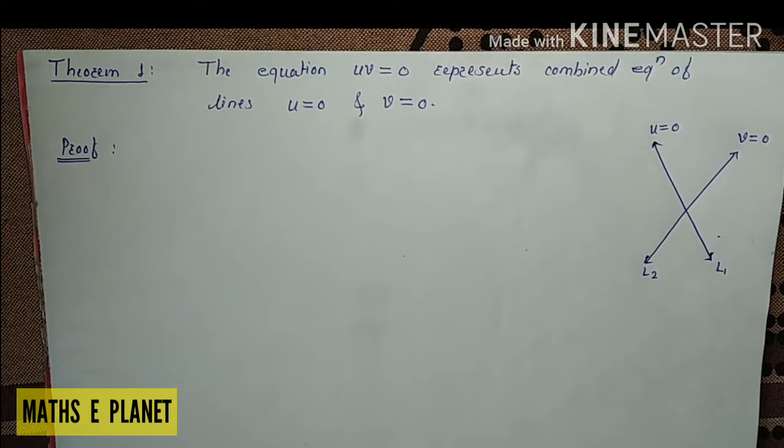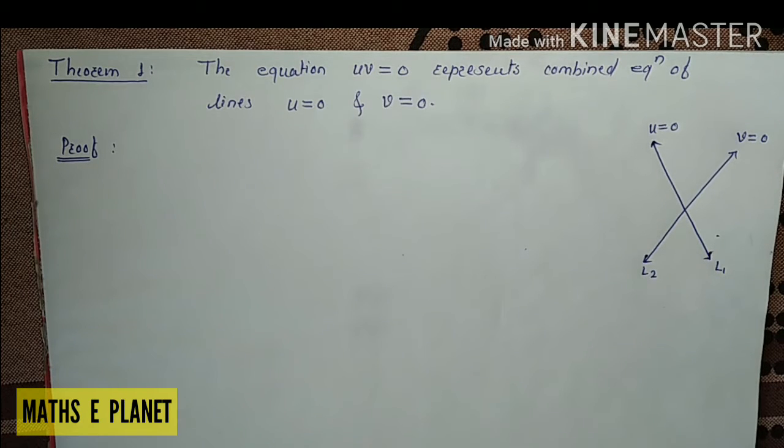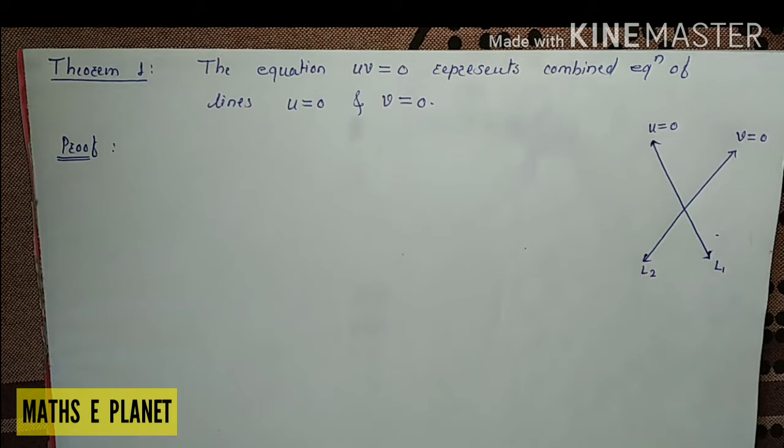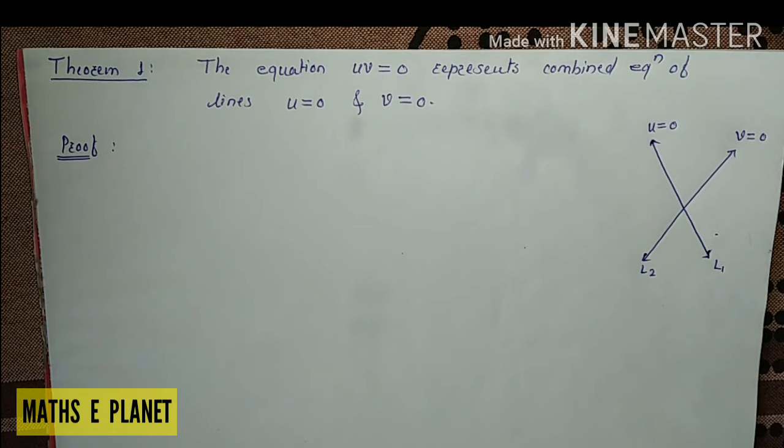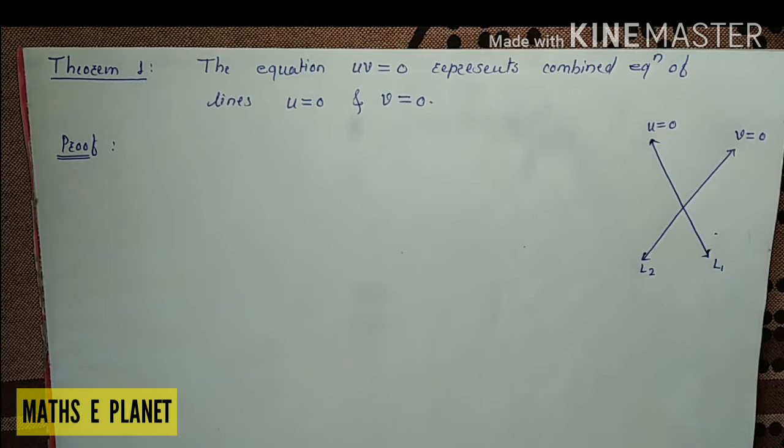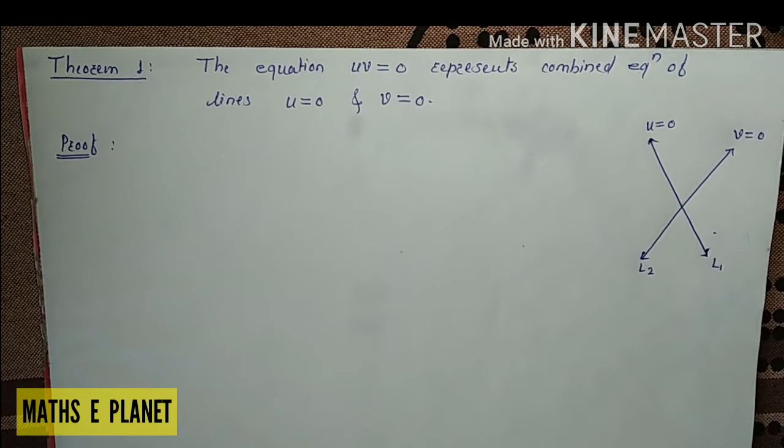Let us see the first theorem, and the theorem is: the equation u into v is equal to 0 represents the combined equation of lines u is equal to 0 and v is equal to 0. If you want to understand this theorem, then we have to use diagrams so that you can understand it very well.